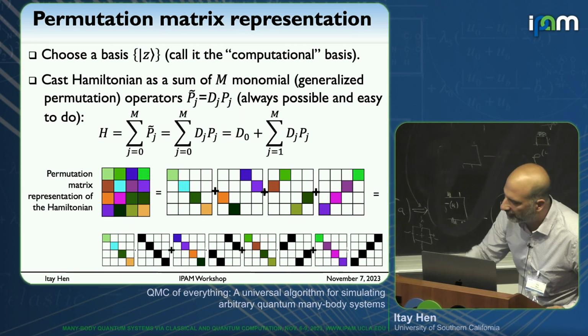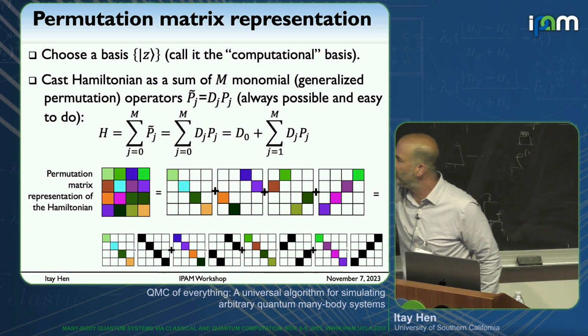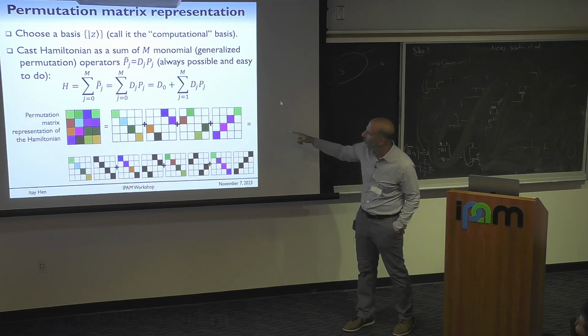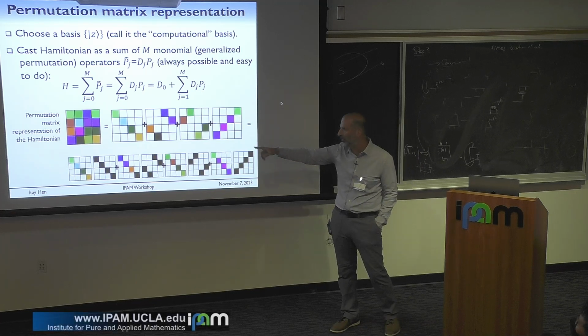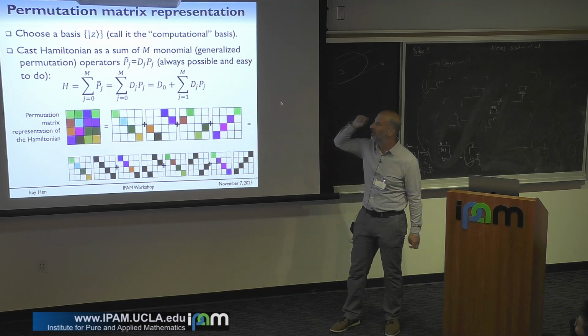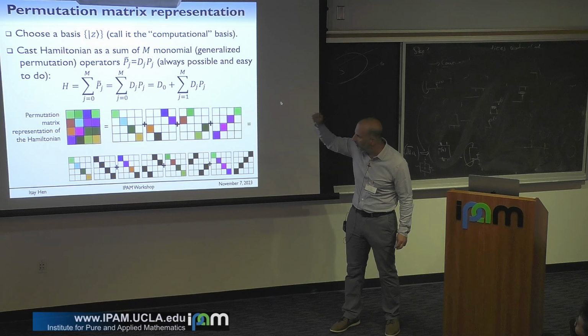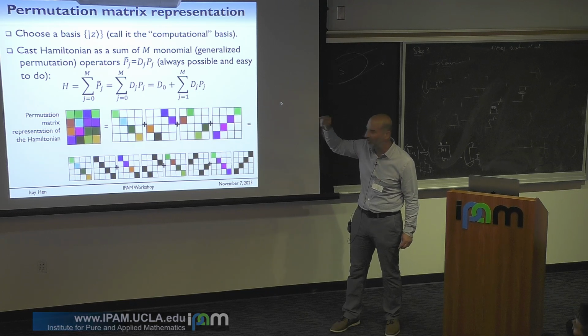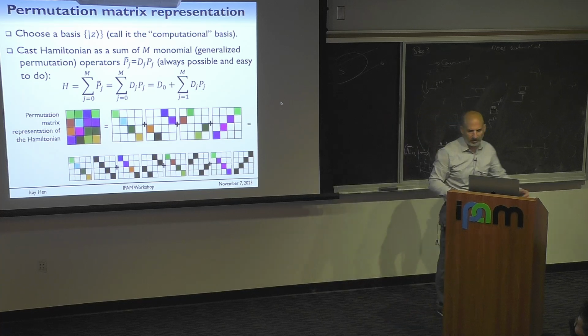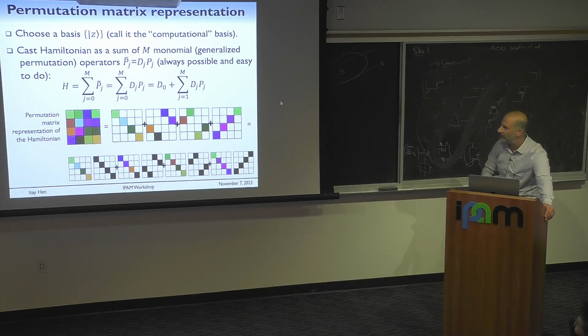And I have this cartoon here. Basically, we have this matrix, and we want to write it as a sum of permutations, or generalized permutations. Generalized permutations are matrices that have at most one non-zero element in each row and each column, such that there is no bifurcation. When it acts on a state, it gives us another state.